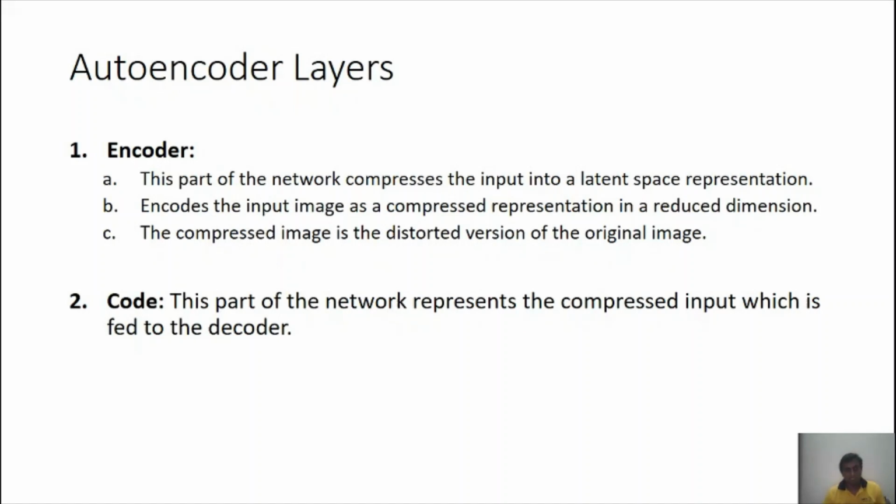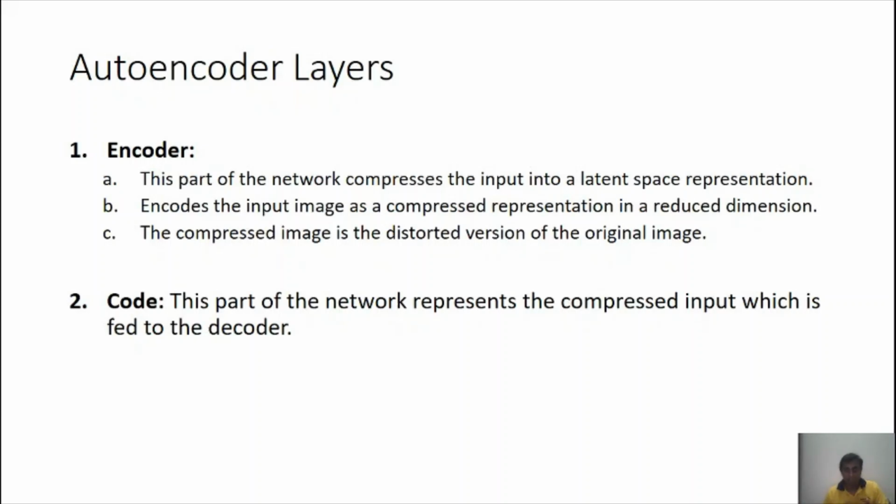Once the compressed representation is available, the decoder section tries to reconstruct that input by basically matrix multiplication, and whatever hidden representation has been learned is used to translate the hidden layer representation into the output.